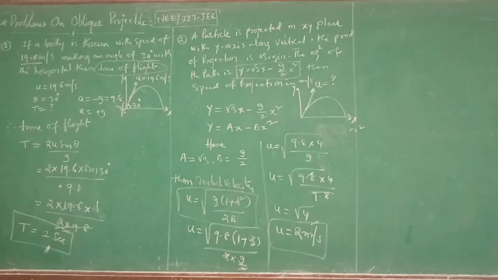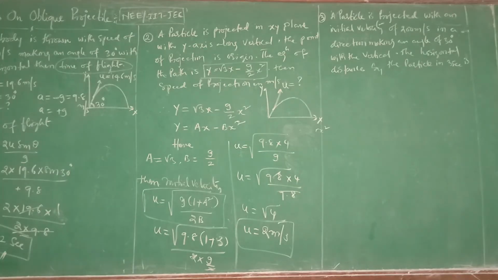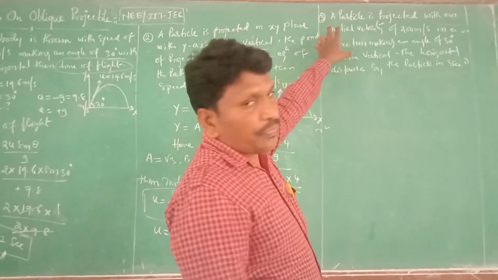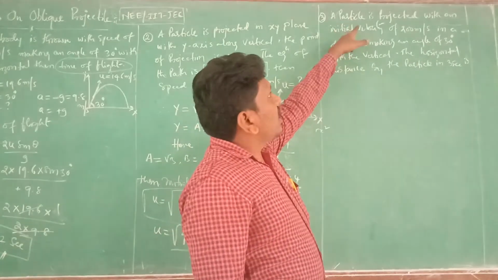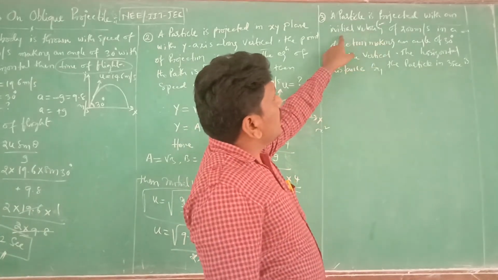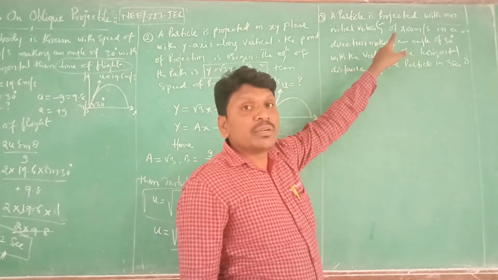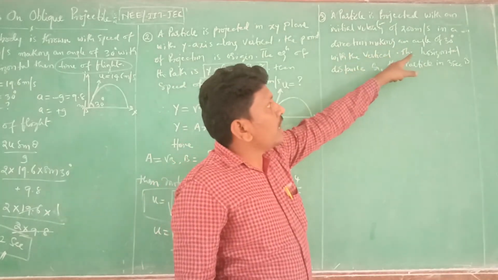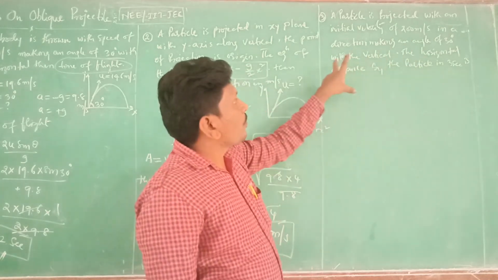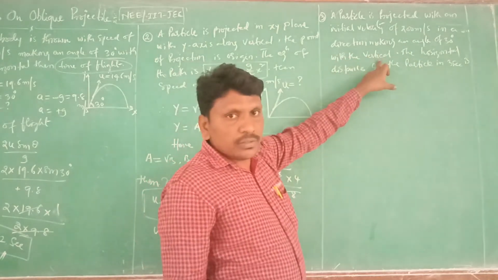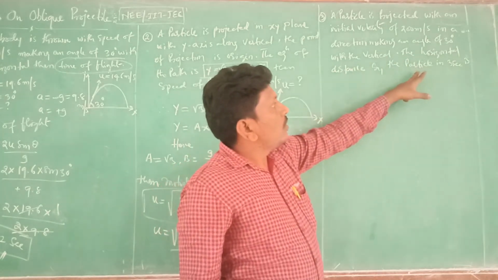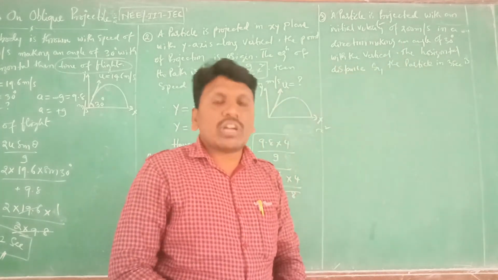Now let us see the third question. A particle is projected with an initial velocity of 200 meter per second in a direction making an angle of 30 degrees with the vertical. The horizontal distance covered by the particle in 3 seconds is what?